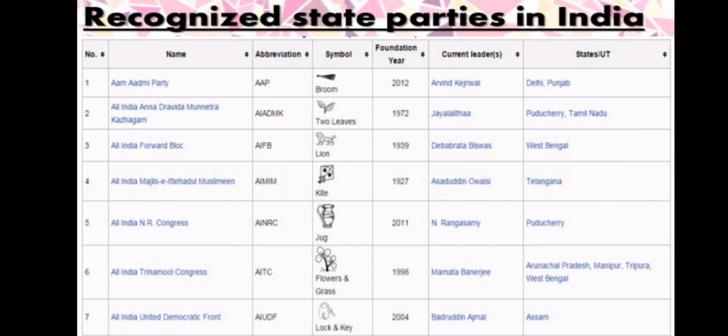Some examples: Aam Aadmi Party, very famous among you, AIADMK, AIFB, AIMIM, AINRC, AITC, AIUDF. These are some of them, many more are also there, but these are some examples of the recognized state parties in India. We call them regional parties also.